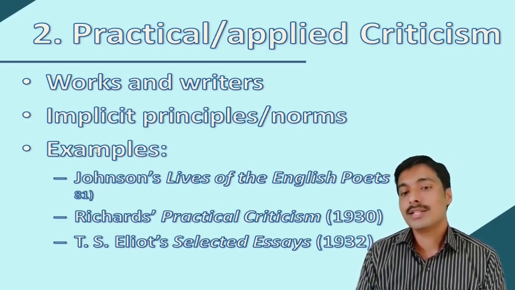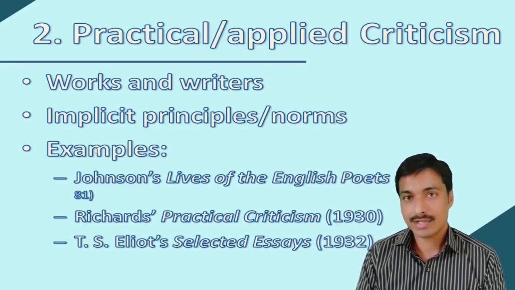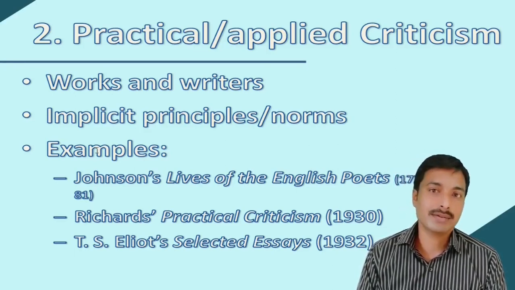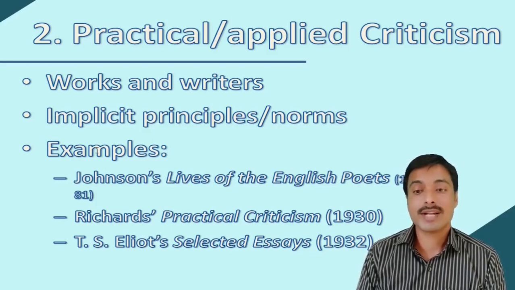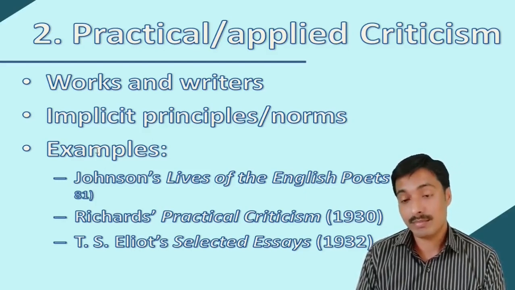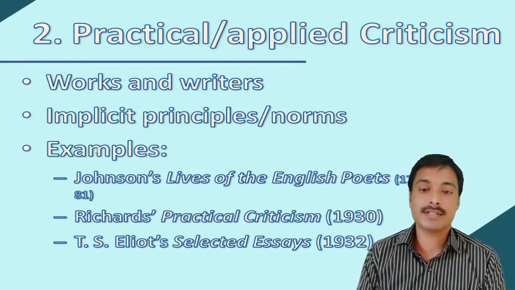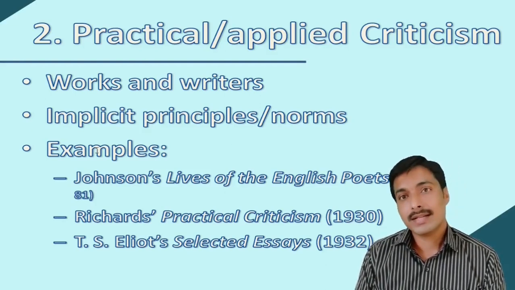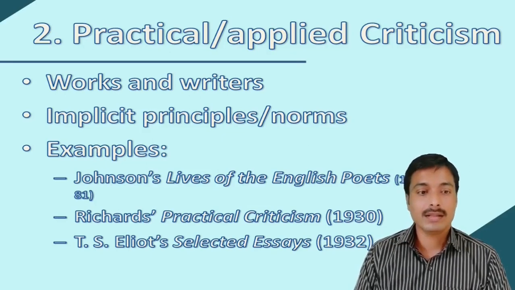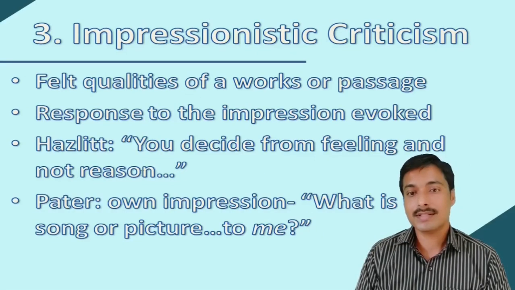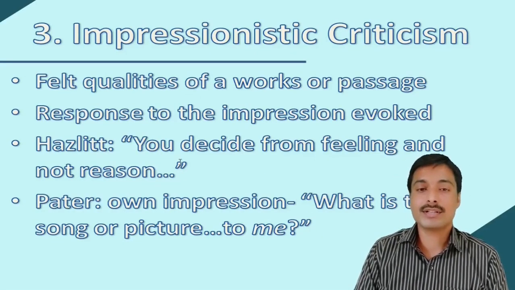Johnson's Lives of the English Poets, which was written during 1779 to 81, is one of the examples. Richards's Practical Criticism is one of the masterpieces of this kind of criticism. T.S. Eliot's Selected Essays is also a good collection of essays assessing different works. The next type of literary criticism is impressionistic criticism.